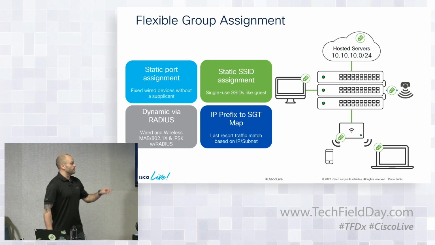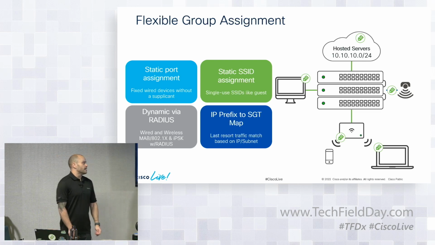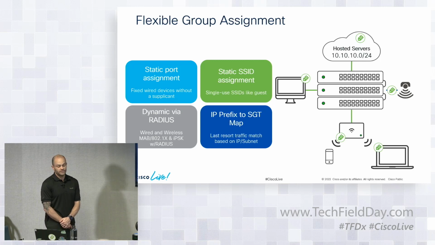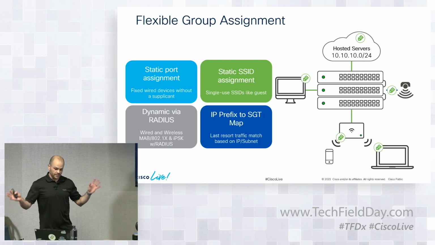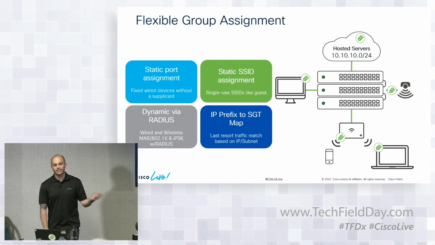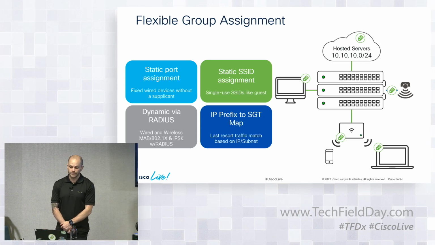And then there's the fallback last resort, which is effectively an IP prefix to SGT map. Not all customers have TrustSec-capable devices throughout their entire org and all their services, so being able to specify an IP to SGT map means I can take care of devices that live externally to that adaptive policy domain and still be able to attach policy as that traffic comes into the network.